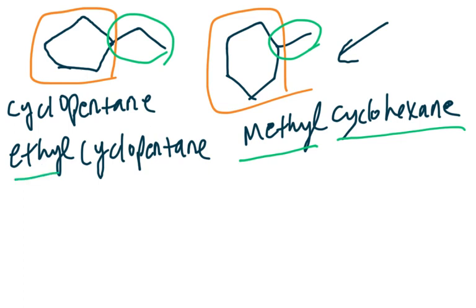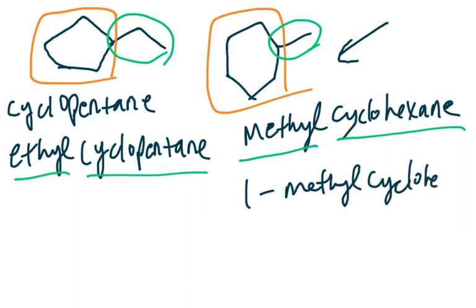So we just joined those two together. We didn't have to number it. I mean, you could have said that this is a 1-methyl cyclohexane, but why would you say that? It's already understood that it's on carbon one. You don't have to number this 1, 2, 3, 4, 5, 6, because there's only one methyl substituent.